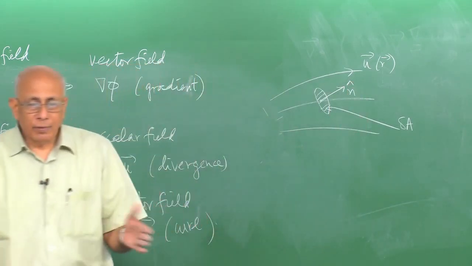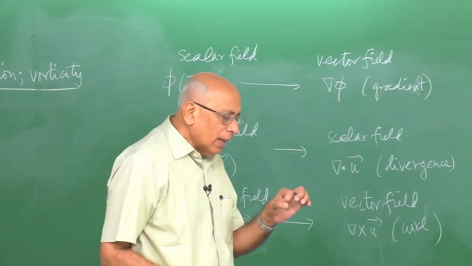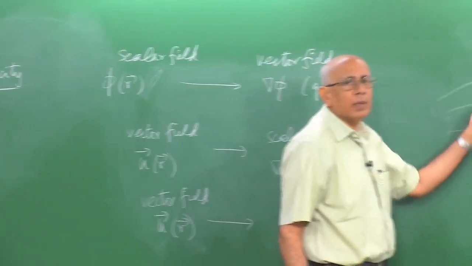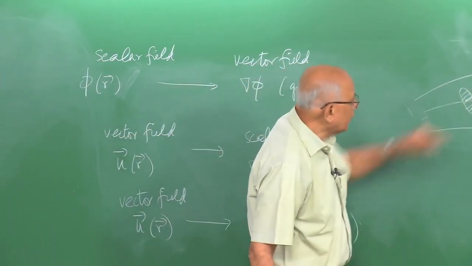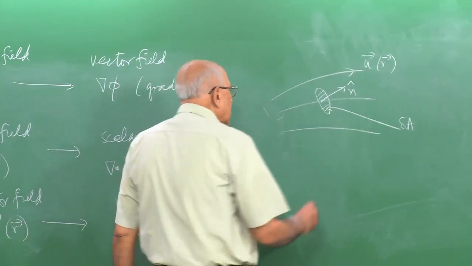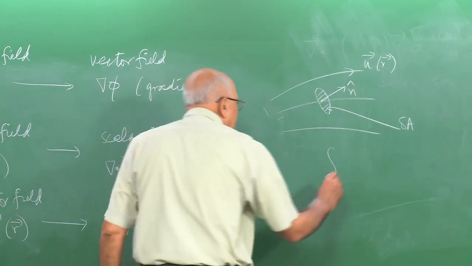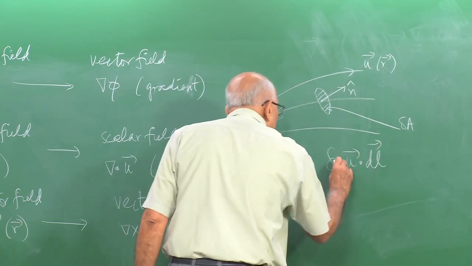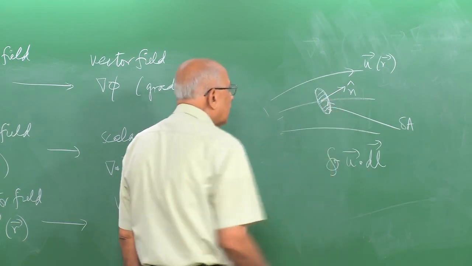While an area itself, if it is a curved surface for example, you cannot associate a unique vector with it, an area element is essentially a planar object and you can associate a unit normal with it. So if this is the direction of this normal n to this area element delta A, then what you construct is the so called circulation of this vector field by taking u dot dl along a closed path around the periphery of this area in this fashion.